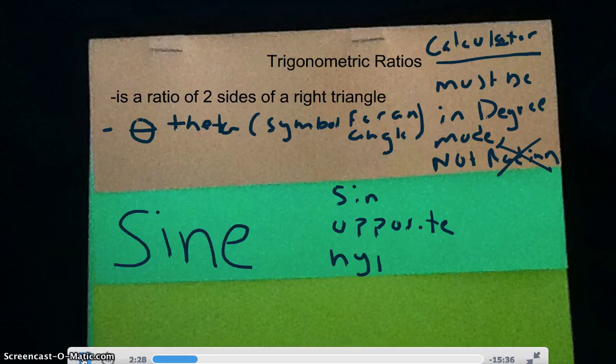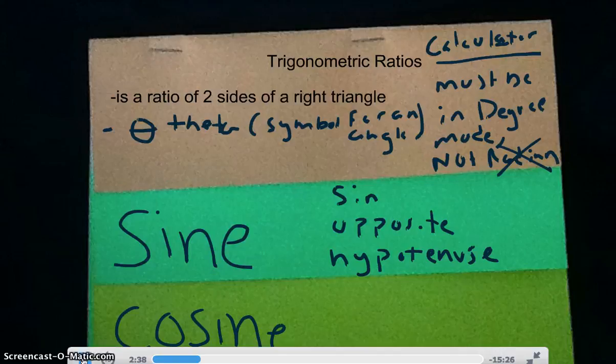Sine is opposite over hypotenuse. Cosine, and this is not sin A, is cos, adjacent over hypotenuse.